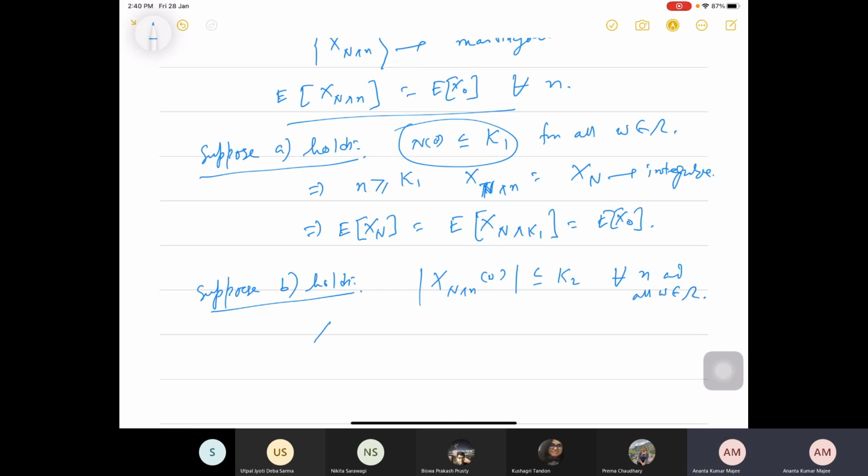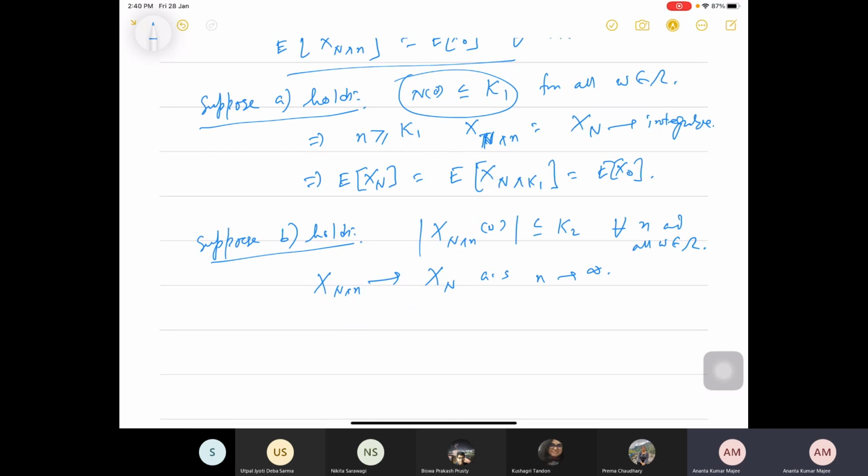Okay, so now you see that X_{n∧N} converges to X_N almost surely as n goes to infinity, is it not? So this one converges to X_N, and this is a bounded sequence, hence I can use my bounded convergence theorem.